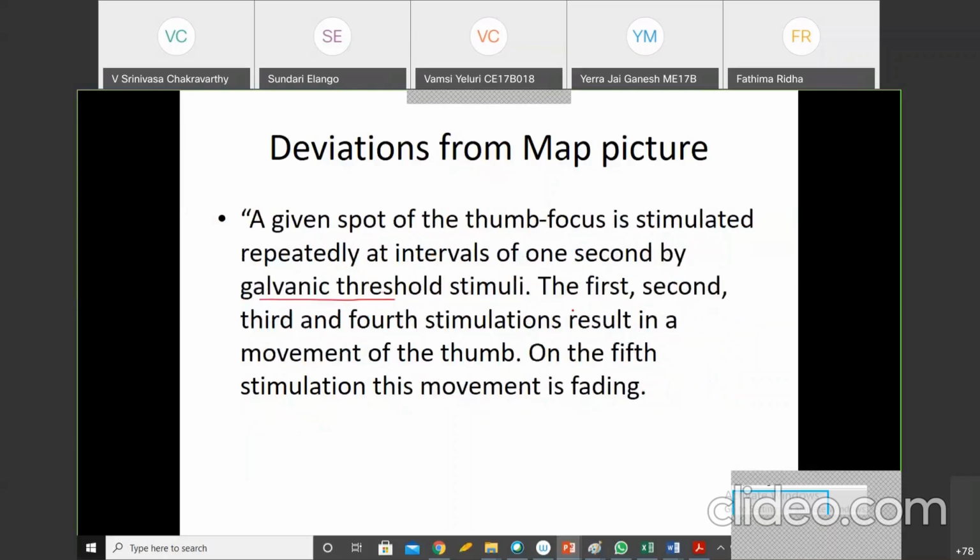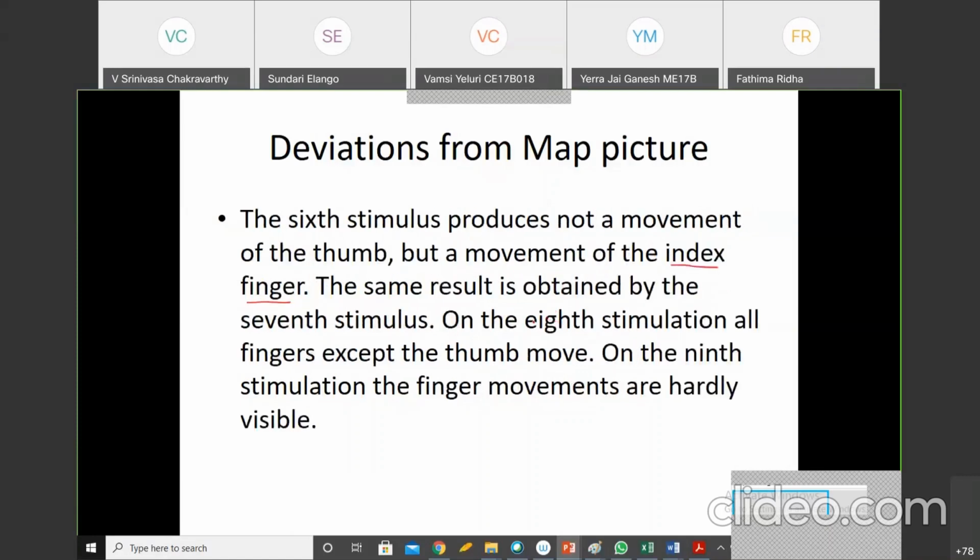Stimulation at the same location for the first 4 trials produces movement of the thumb, and for the 6th trial produces movement of the index finger. So it's a different output. The same thing happened when they stimulated for the 7th time. But on the 8th stimulation, all fingers except the thumb move. Then on the 9th stimulation, the finger movements are hardly visible.